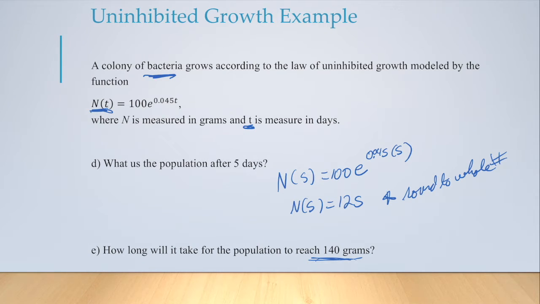N(t) is 100e^(0.045t), and I want to know when I have 140 grams. I'm going to be solving for t, because remember, e isn't a variable, e is a number.